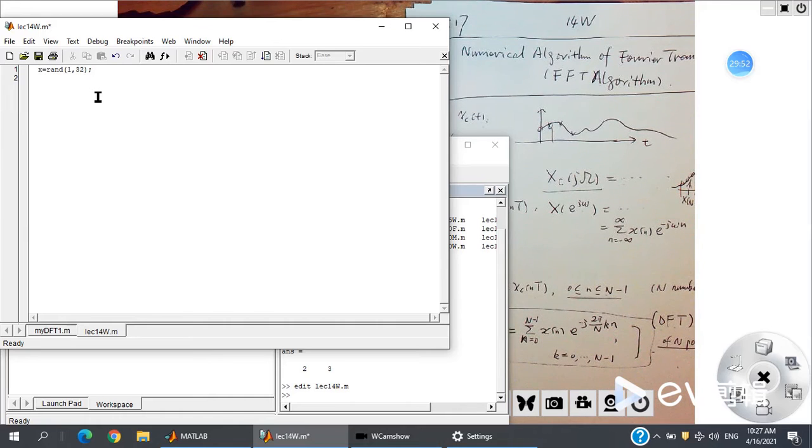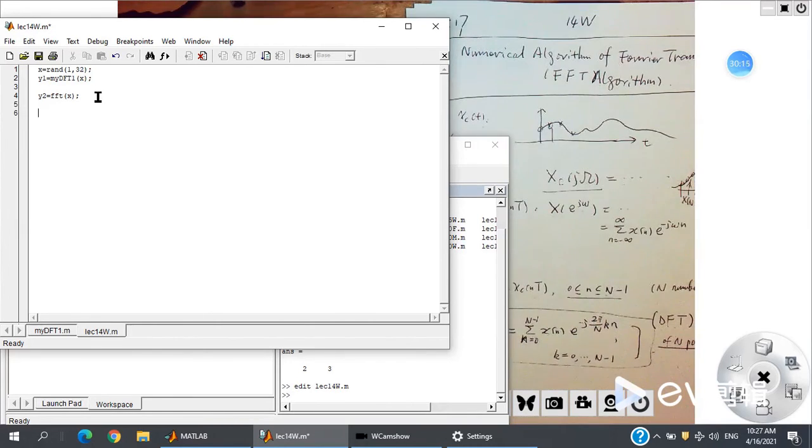Okay, this is just x. Then I have y. Y1 is my DFT1 with x as input, and y2 is FFT of x. Right, I have y1 and y2.